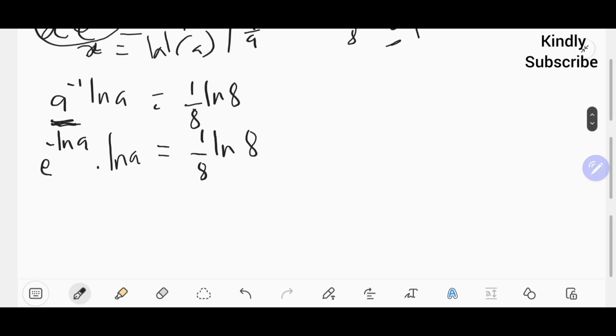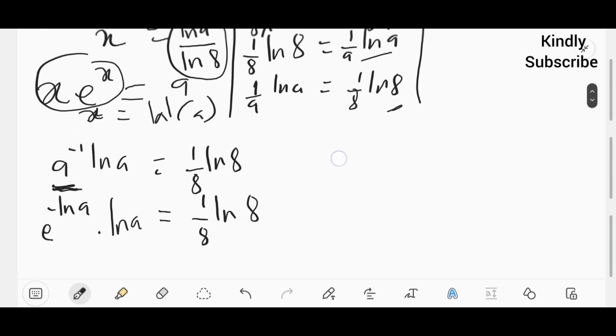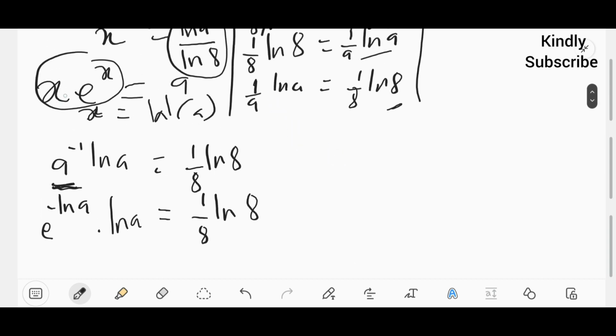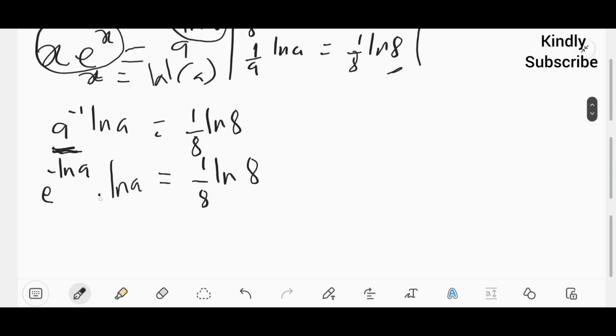All right, so from here, if you remember our condition that we should get it in the form x e power x equals a, that means if you are to apply that same principle over here, we have ln of a, but the power over here is minus ln of a.